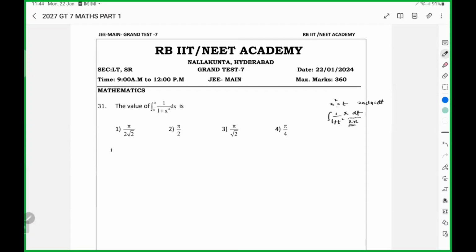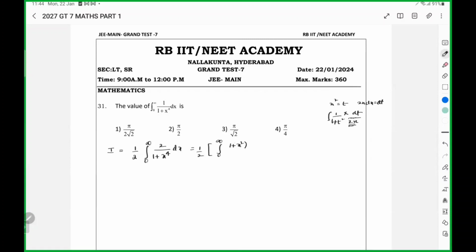So again x will be root t. Again, solving, radical powers are still there, which is further difficult. So some kind of strategy we have to use to solve this integral, that is 2 by 1 plus x power 4 dx.